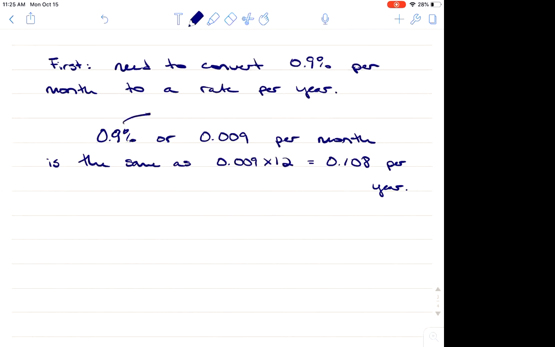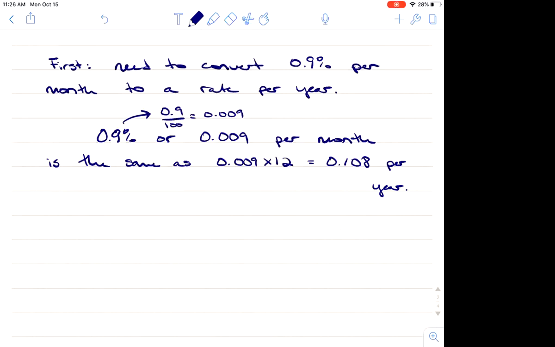Because we want to do 0.9 divided by 100. 0.009. I missed one. And it's really because I was just reading it wrong. I have 2 zeros on here. Just didn't write them down. Okay. So I guess be careful. If it can happen to me, it can happen to you.